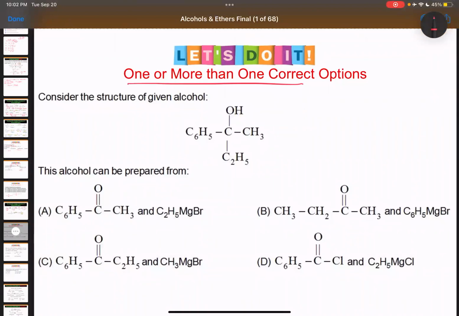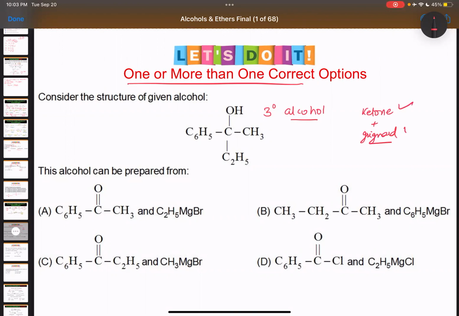Sir, can you repeat, sir? Actually, this is a 3-degree alcohol, and a 3-degree alcohol is going to form by a ketone and a Grignard.